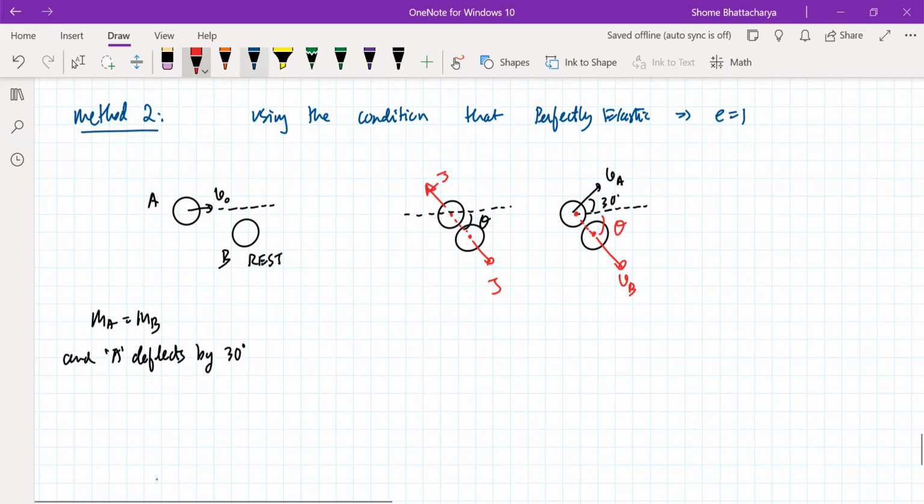So what I will do is instead of using x and y axis like this, I'll take the center to center line as my x axis, and I'll tell you why that becomes more convenient. So we will take this as our y axis and this as our x axis.